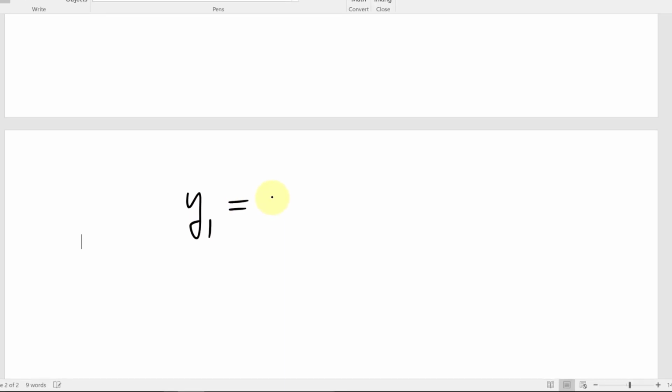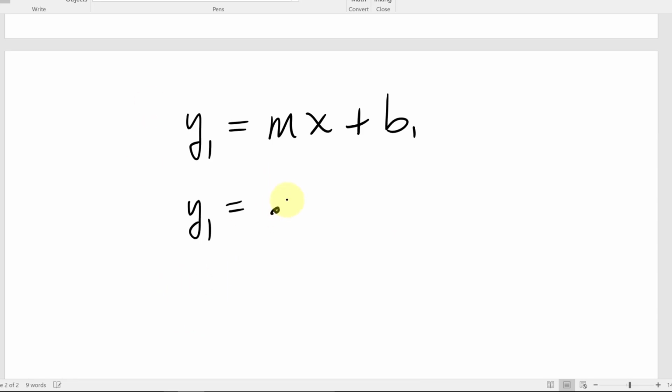We're looking at a linear model that has this form, slope and y-intercept, and I'll call that b1 for the y-intercept for this y1 model. The slope that we just found is about 0.1142, and the y-intercept was 1.9275 approximately, rounding off in both of those.